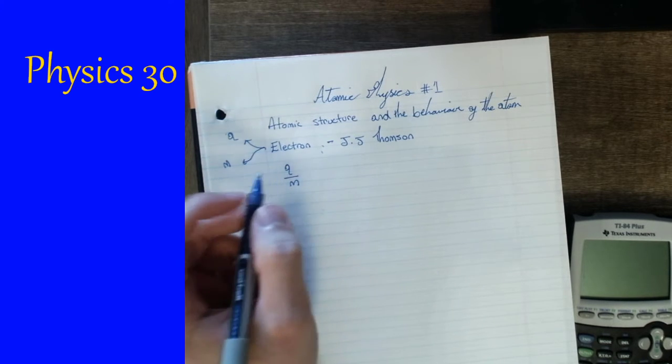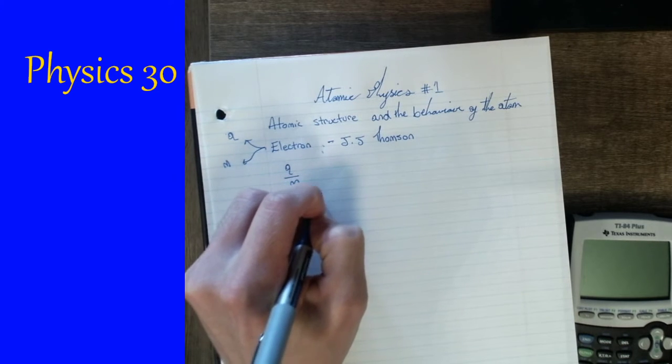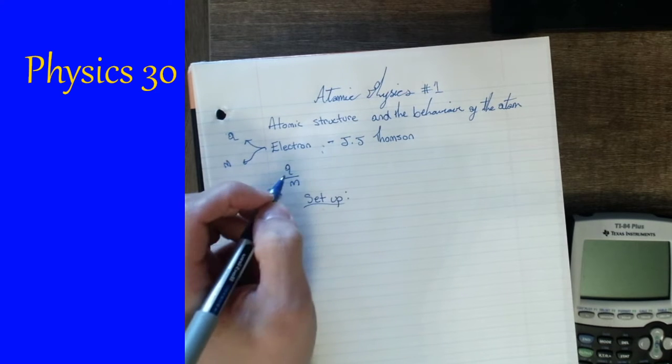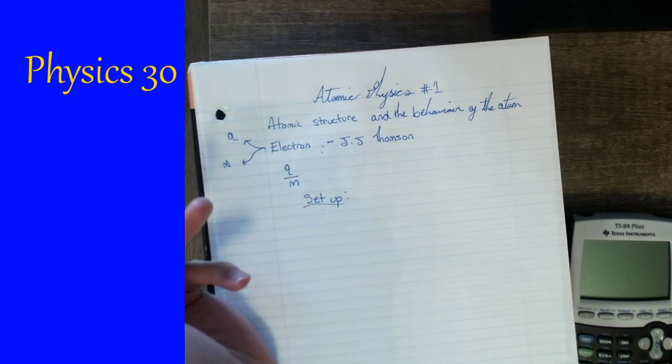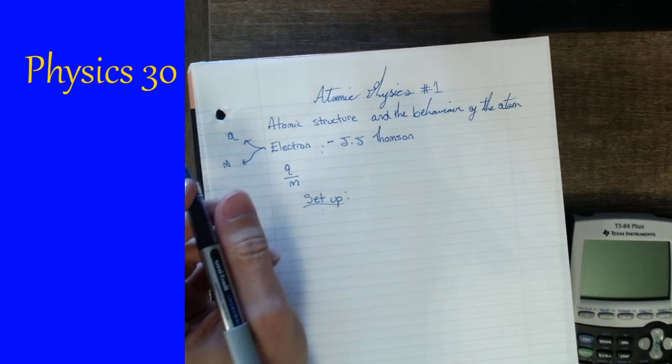And so this is the kind of elaborate setup that they put an electron through to figure out this particular ratio. It's actually quite clever. It uses electric fields and magnetic fields in the following way.